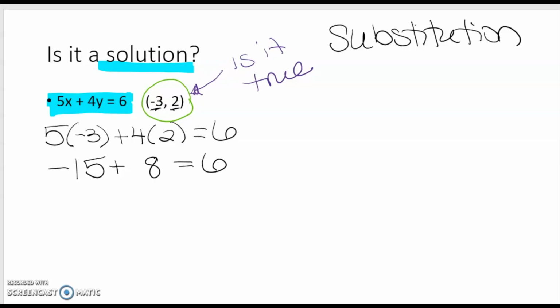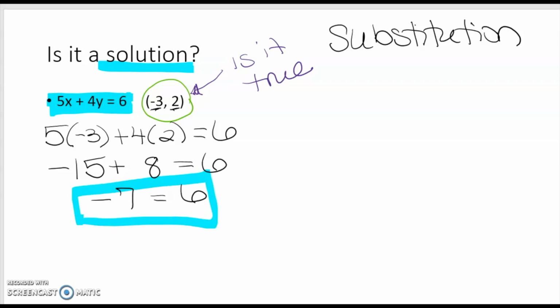Negative 15 plus 8 is negative 7. Now, this is where we decide, is this a true statement? Is negative 7 equal to 6? Well, no, of course not. So we would say, no, this ordered pair is not a solution.